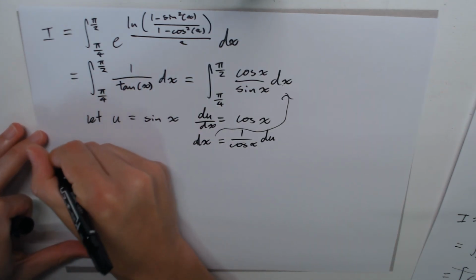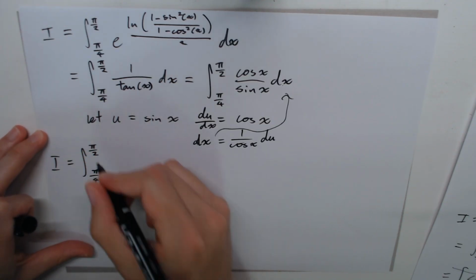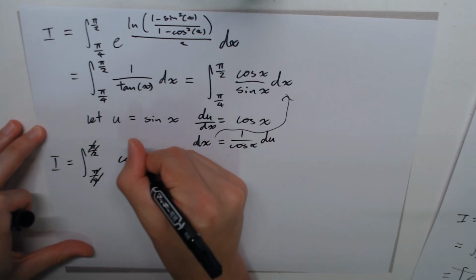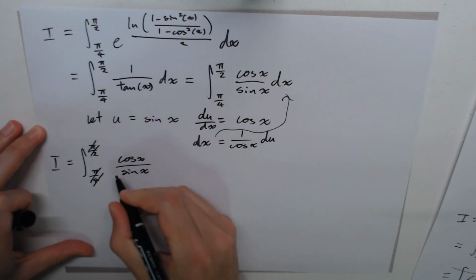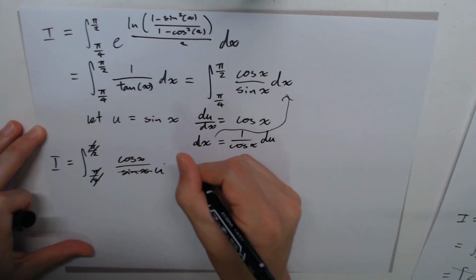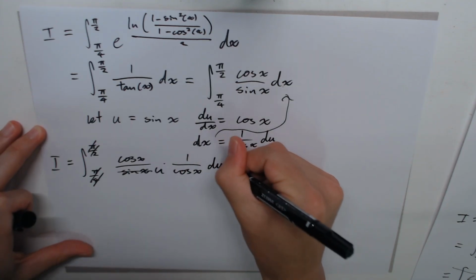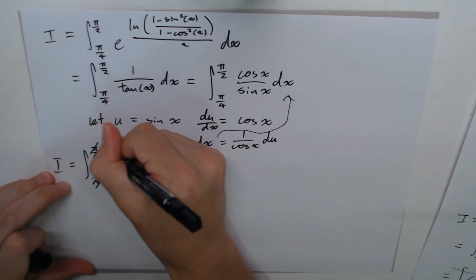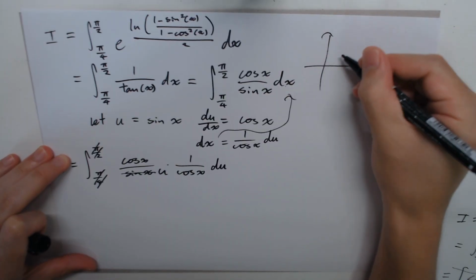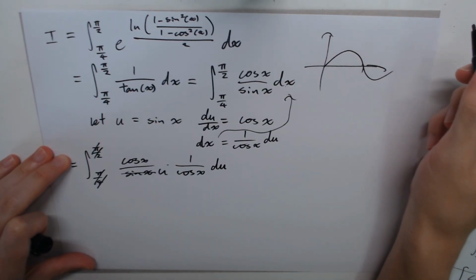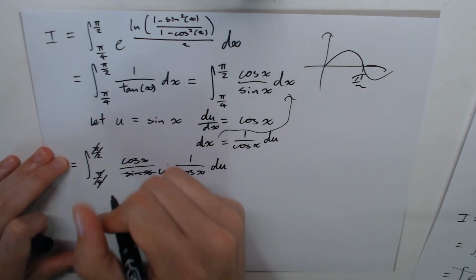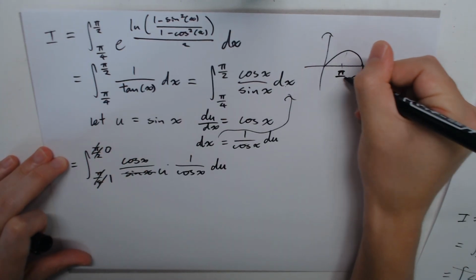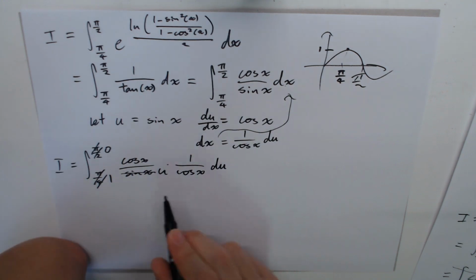Actually, we need to change the bounds. So cosine x over sine x, which is just u, times 1 over cosine x du, and for the bounds, we sub pi over 2 into sine x, so pi over 2 gives 0, and pi over 4 gives 1.